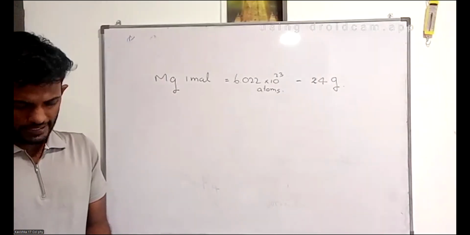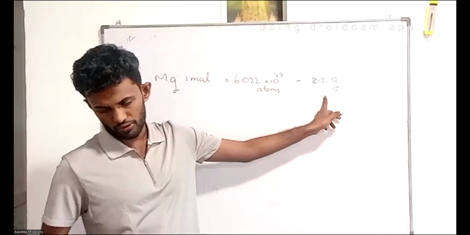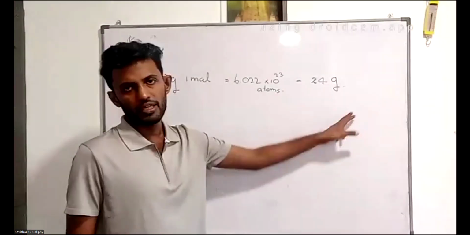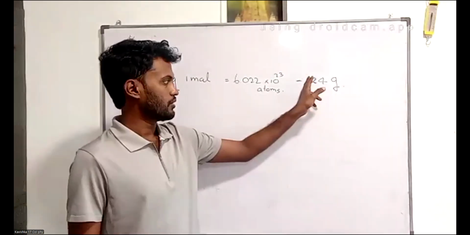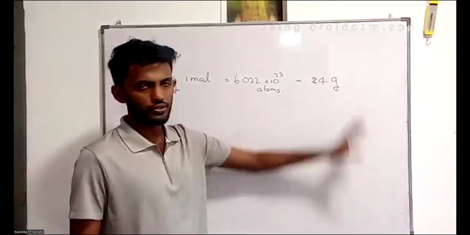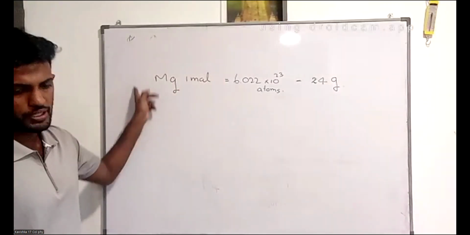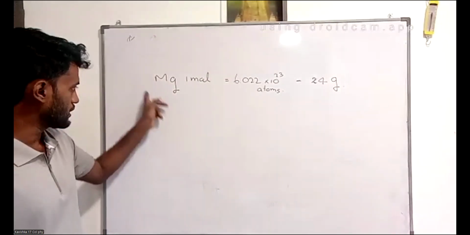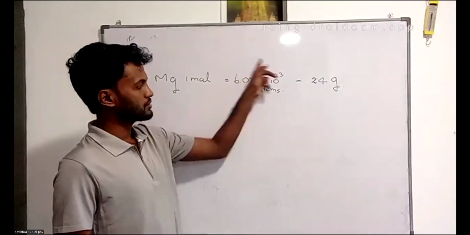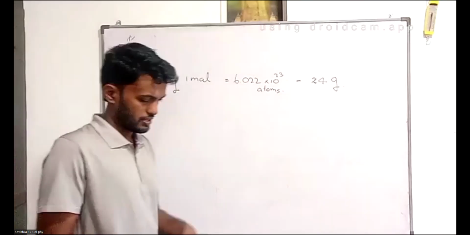This number is given in your question, and in the exam they also mention the relative atomic mass, so no worry, just put the gram symbol here. You need to remember that 1 mole of a particular element contains 6.022 times 10 to the power 23 atoms. This number we call the Avogadro constant.